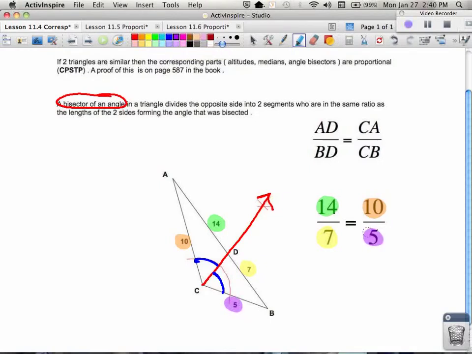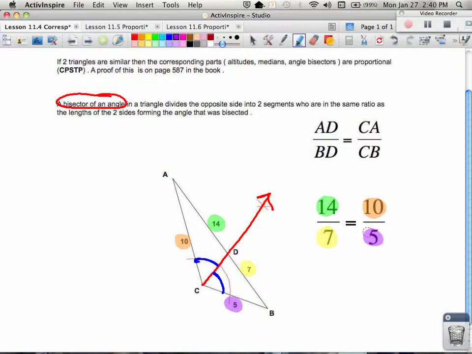So right side over right side equals left side over left side, if that makes sense to you. The green and the yellow were on the right side of the triangle and cut by the angle bisector, and the orange and the purple were on the left side.